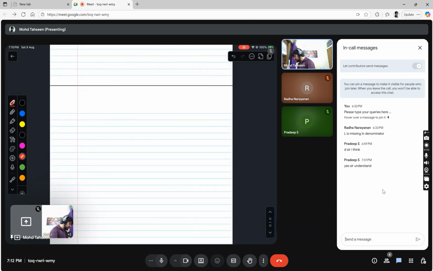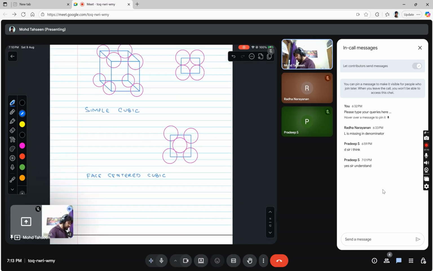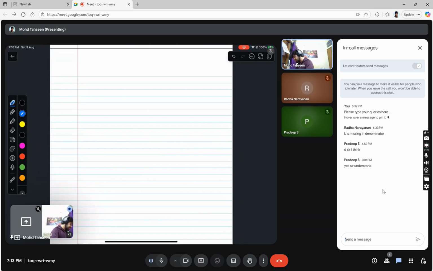Actually, let's do one numerical problem. So this is question 3. Assume argon as an ideal gas at STP. Now what does STP mean?